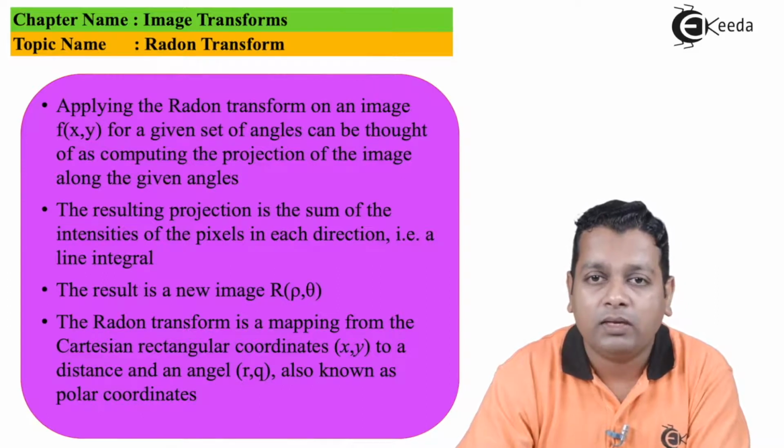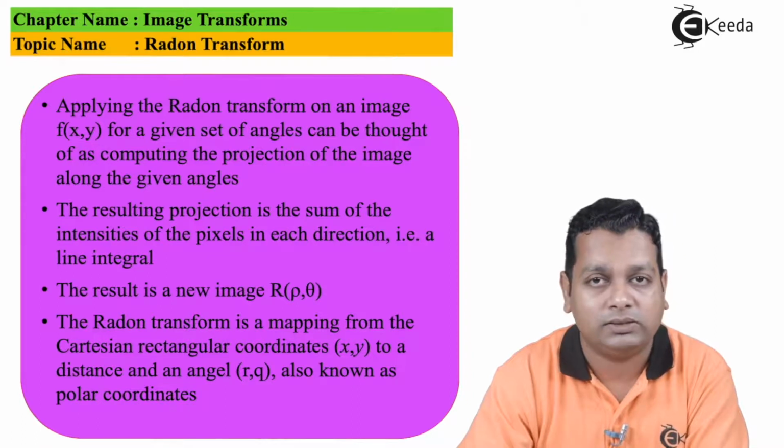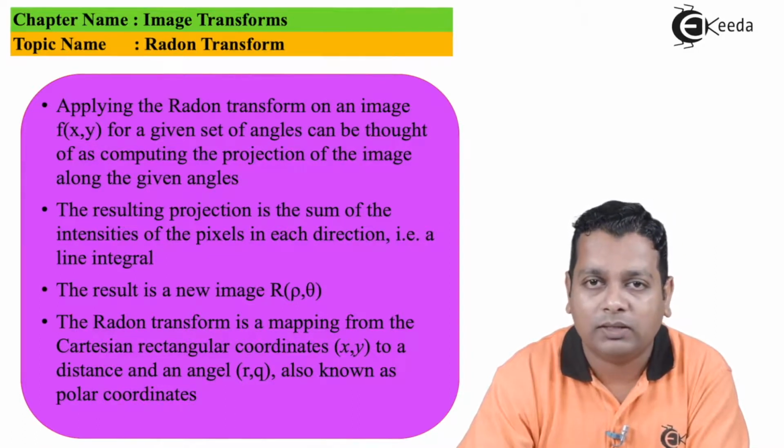Here rho is actually the measurement of length or distance and theta is the angle. There it was no angle, here the mention of angle is there. This way the Radon transform changes the domain of the image sample. The representation changes from f of x y to R of rho and theta. The Radon transform is actually the mapping from one coordinate system to another coordinate system, what we have talked about.